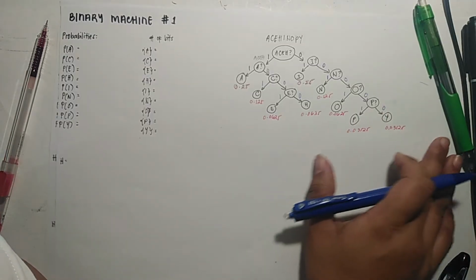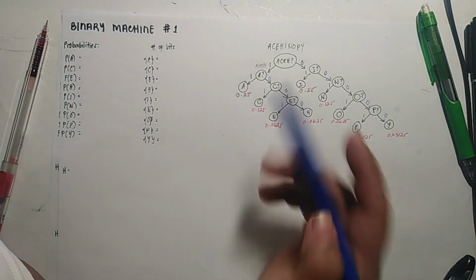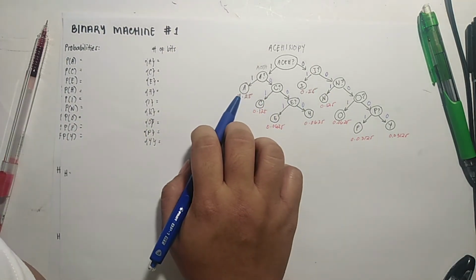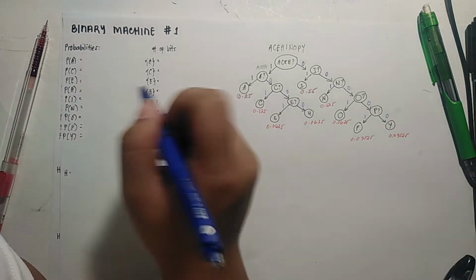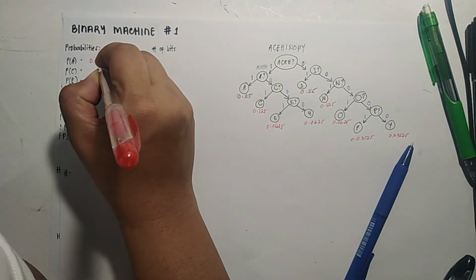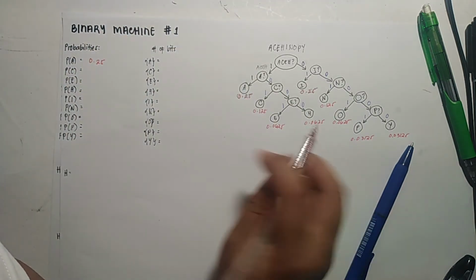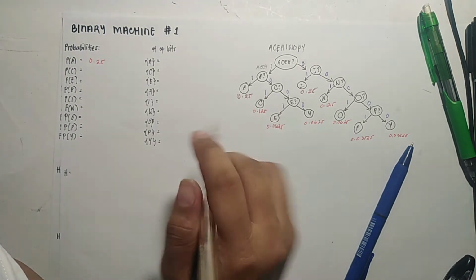So we will base on this now, and we will fill up this part. For our symbol A, that's 0.25. Our C is 0.125.